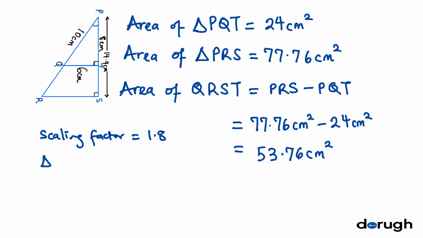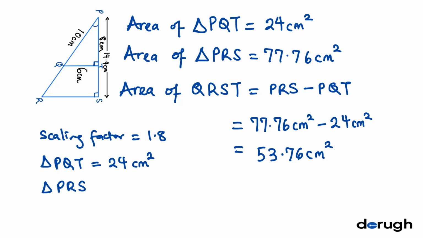The area of triangle PQT is 24 centimeters squared. And so if we want to get the area of triangle PRS, we could just do 24 cm squared times 1.8 squared.